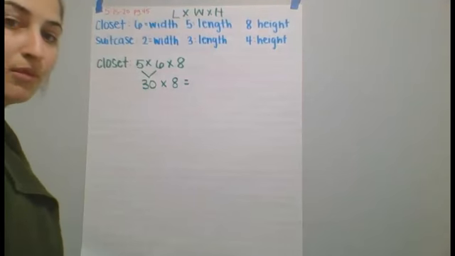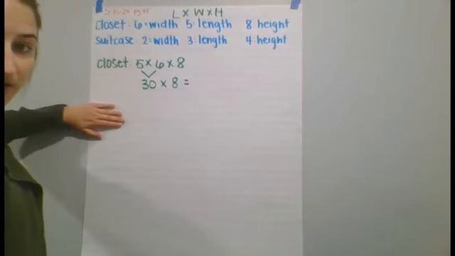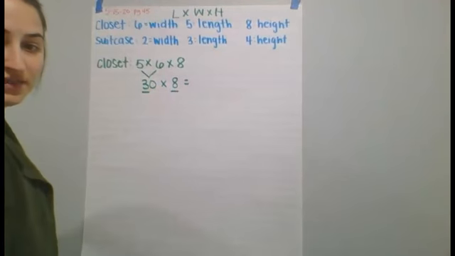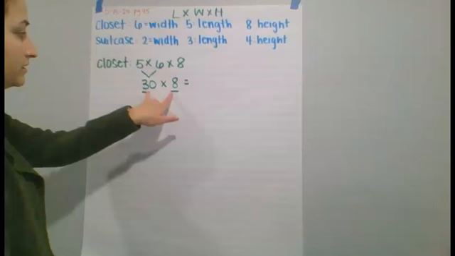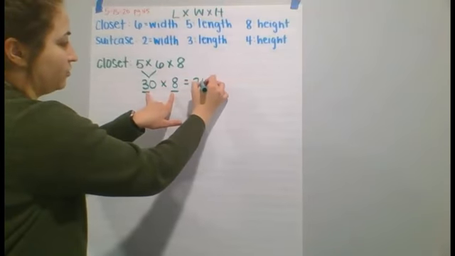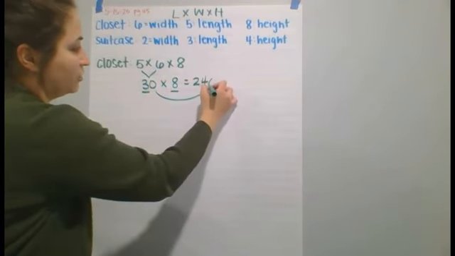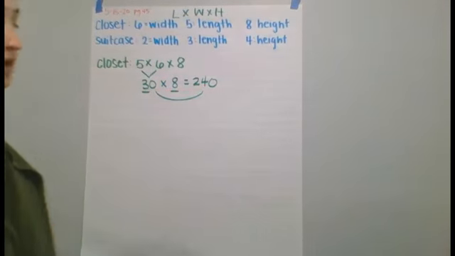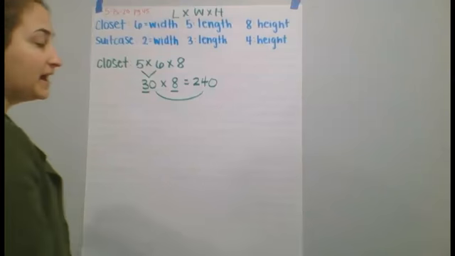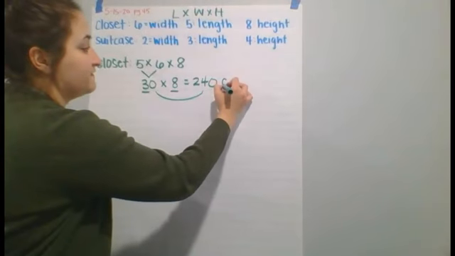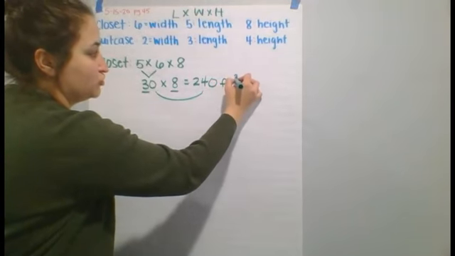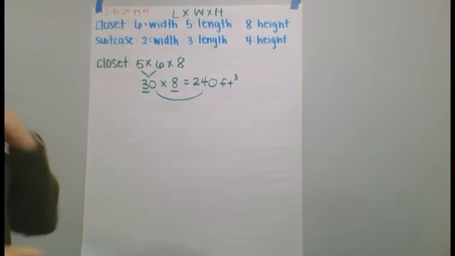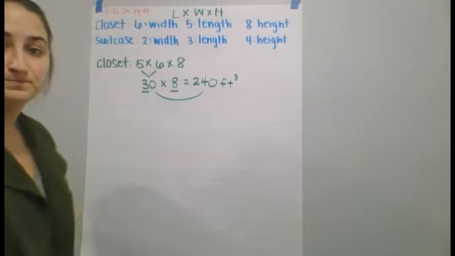You can do the standard algorithm by stacking it, or we can just break it apart and figure out the basic facts. So 8 times 3 is 24, and then bring that 0 over to give us a volume of 240. Remember, it is feet cubed. That little 3 represents cubed. So we have cubic feet.